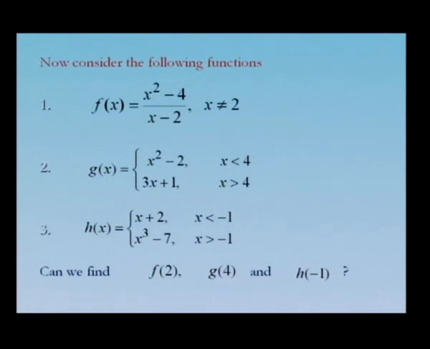So in these three functions we see that f(2) is not defined, g(4) is also not given, h(-1) is also not given. So we cannot find their values, but we can certainly try to reach their values.